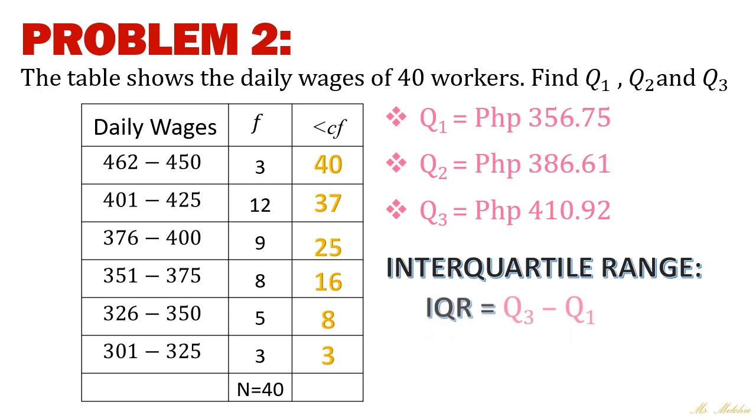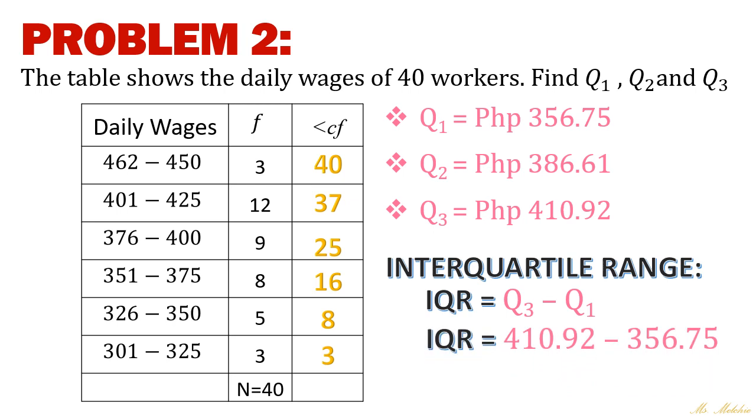We will simply make use of the formula Q3 minus Q1. Since we got 410.92 for Q3, we will be deducting 356.75, which is our Q1. And with that, our final answer, our interquartile range, would be 54.17.